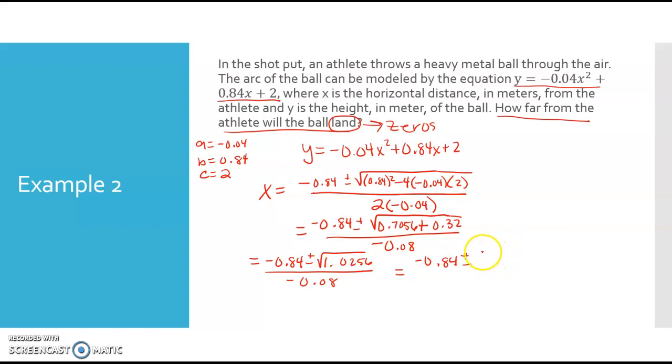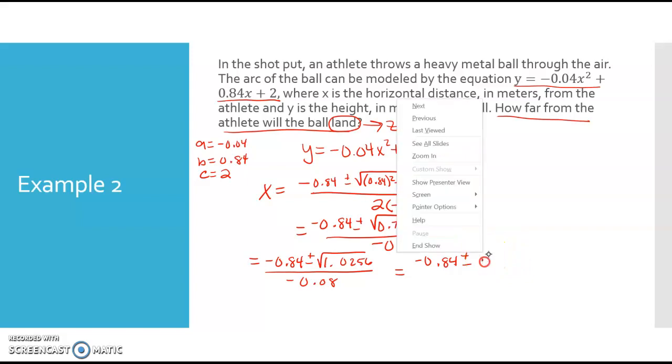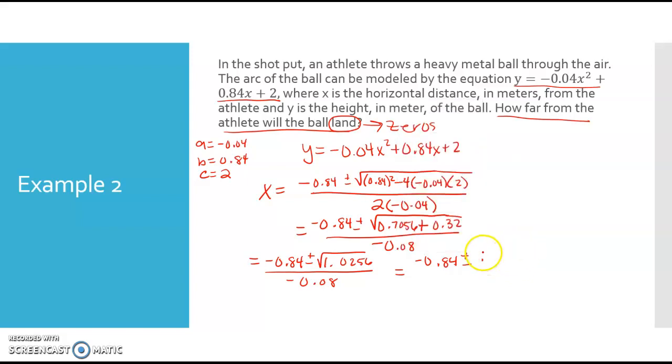So I get plus or minus 1.012 all over a negative 0.08. And then this is where we split that out.